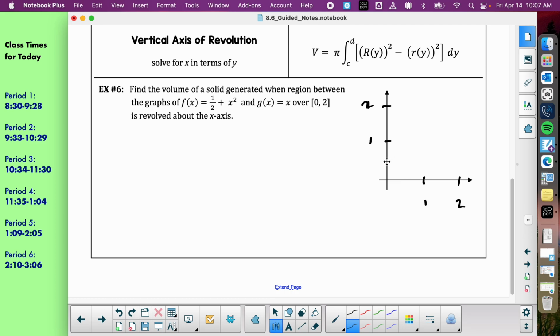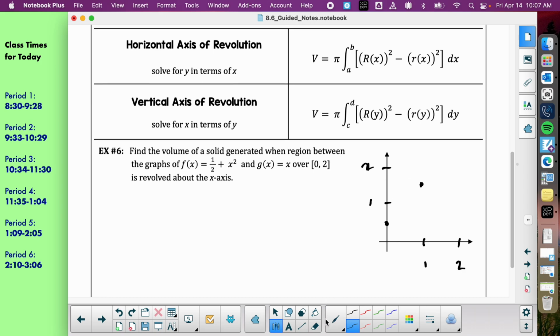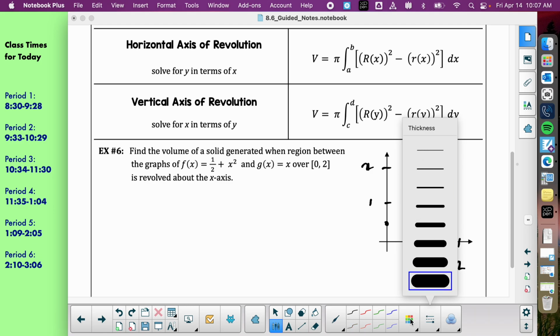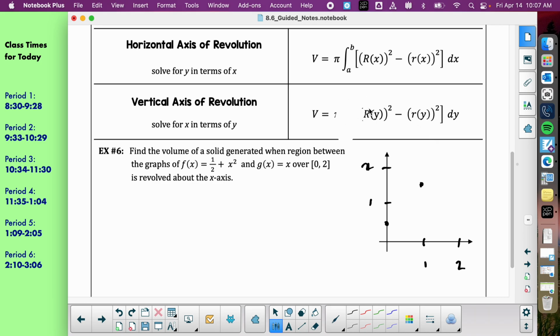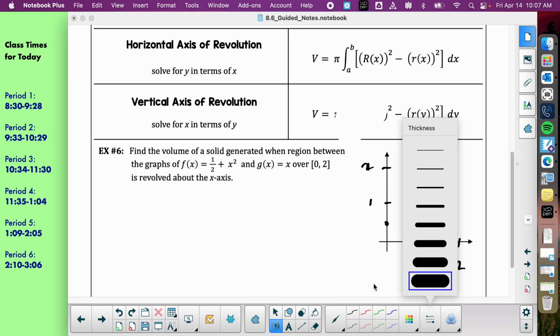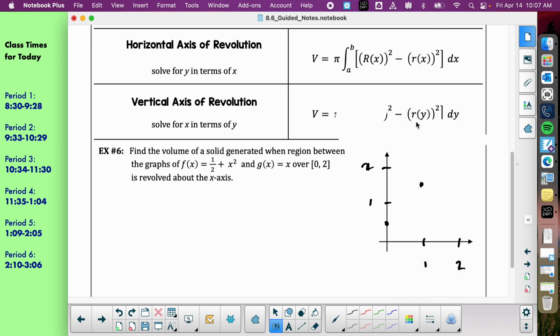Okay, so 1/2 plus x squared would start with the vertex at 1/2. It would go over 1, up 1, over 2, up, come on. I love how I just talked about doing a million problems, didn't I? Experience also teaches me to just make it look like I knew what was going on from the beginning. I need a bigger, fatter pen. So I'll just make it bigger and cheat.